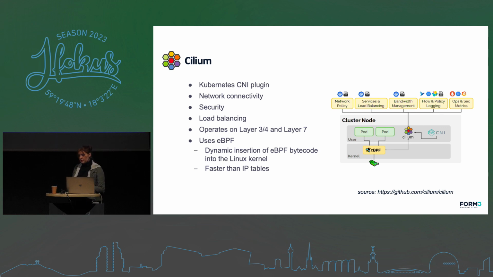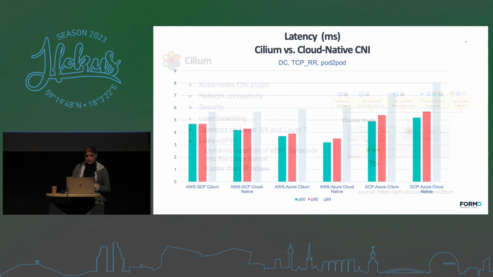The problem with iptables is that if you have a very, very high number of entries in iptables, it's like a linear search, and with linear search you have significant overhead. With eBPF, you can achieve much, much better performance. However, again, that works well inside data centers. When it comes to clouds and cloud limitations, when you can't configure some specific networking options, it's not always possible, so Cilium switches to legacy mode as well.